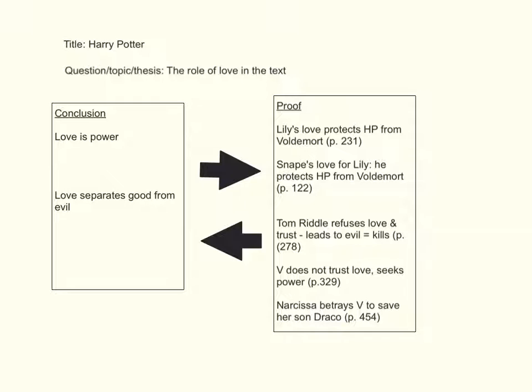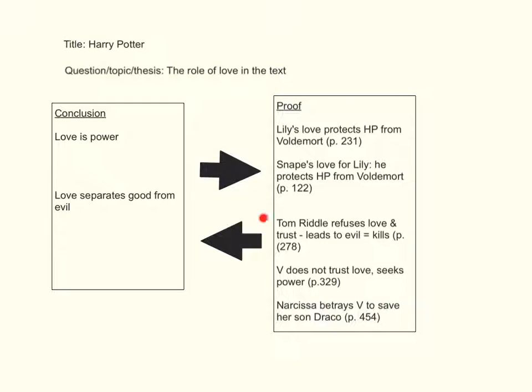So just to recap, this analysis model is all about starting with a question or a topic to look into. And after you've done that, you can read or listen to the text. And while you're reading or listening, you make constant notes, and you can make notes on either side.